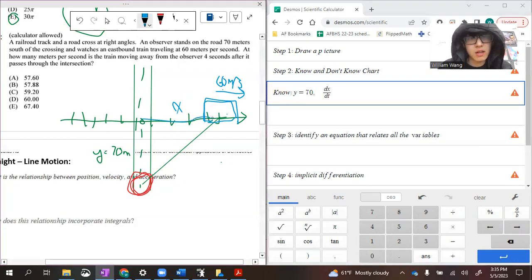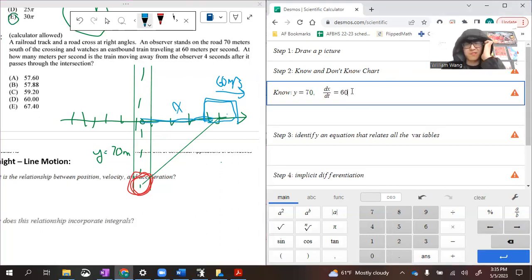So this side of the triangle, dx over dt is equal to 60. Cool. So I know t is equal to 4.